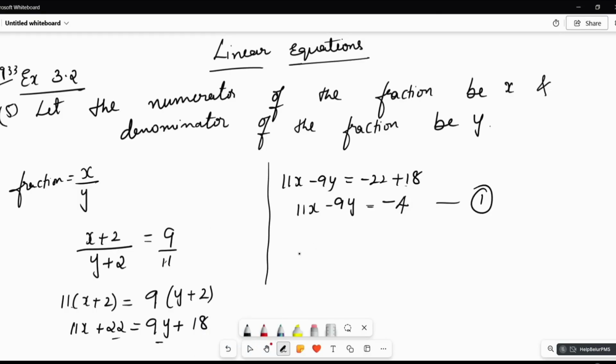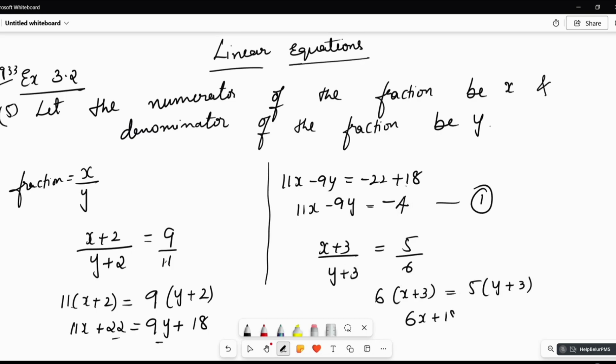Now you have to add 3 to both the numerator and the denominator, that will be equal to 5 by 6. That is x plus 3 by y plus 3 should be equal to 5 by 6. Cross multiply. 6 into x plus 3 is equal to 5 into y plus 3. So we get 6x plus 18 is equal to 5y plus 15.